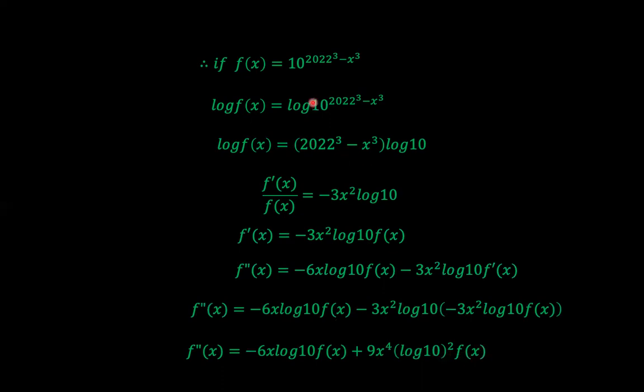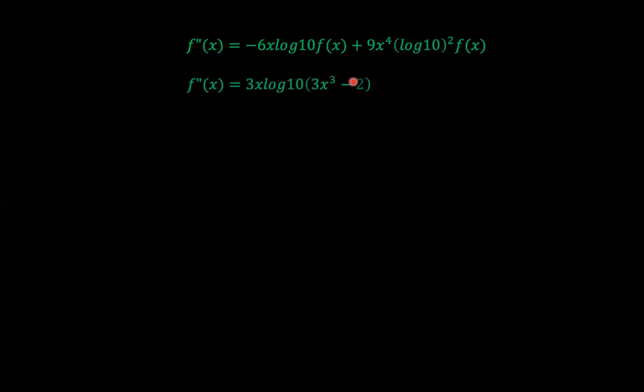And we know f(x) to be 10 to the power 2022 cubed minus x cubed. We could rearrange this by pulling 3x log 10 out, and so this becomes 3x log 10 times (3x squared log 10 minus 2) times f(x), where f(x) is 10 to the power 2022 cubed minus x cubed.